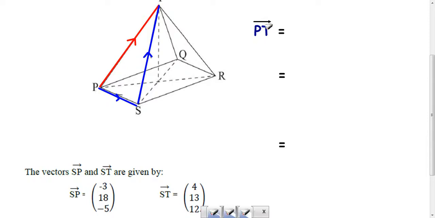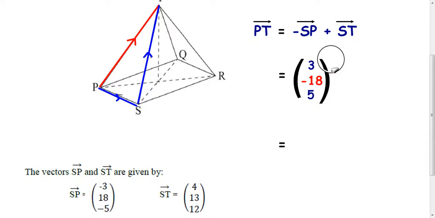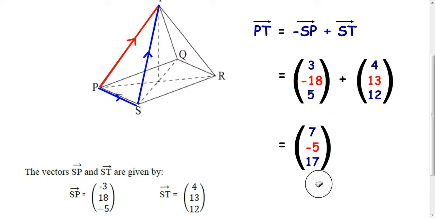So all you have to do is add negative SP and add on ST to get this vector here. Negative SP is just change the signs basically, change the negative 3 to plus, the 18 to negative, and the negative 5 to plus. And then add on ST. And it's just a simple add after that, 3 add 4 and so on, and you get your answer.